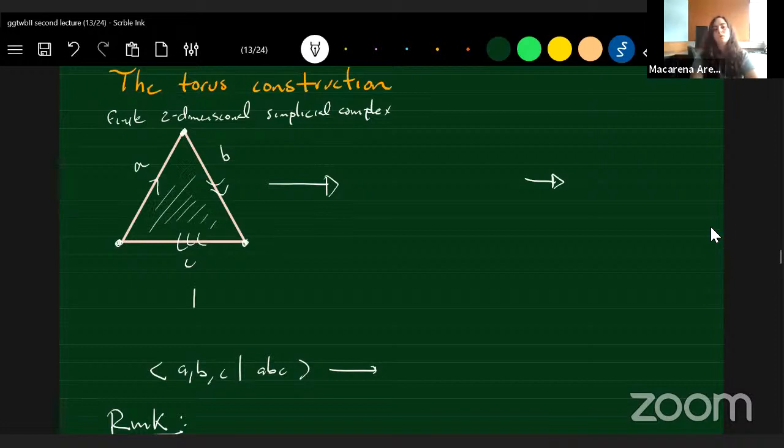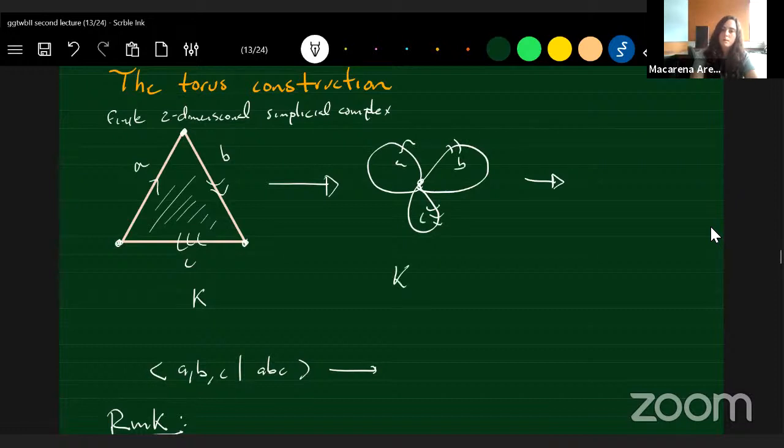And what we do, so this is K, what we do is that we take the quotient by the vertices. So we identify all the vertices to one point. And what we get is something like this. So this is K quotient by K0. And this is sort of hard to draw as a quotient, but it's the space you get by identifying all the vertices.